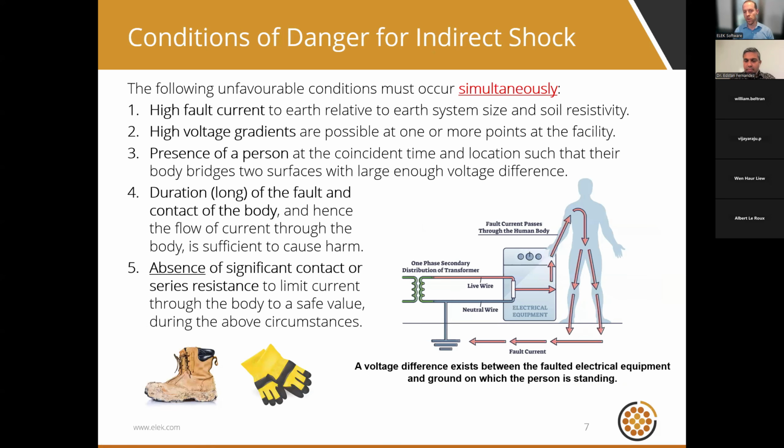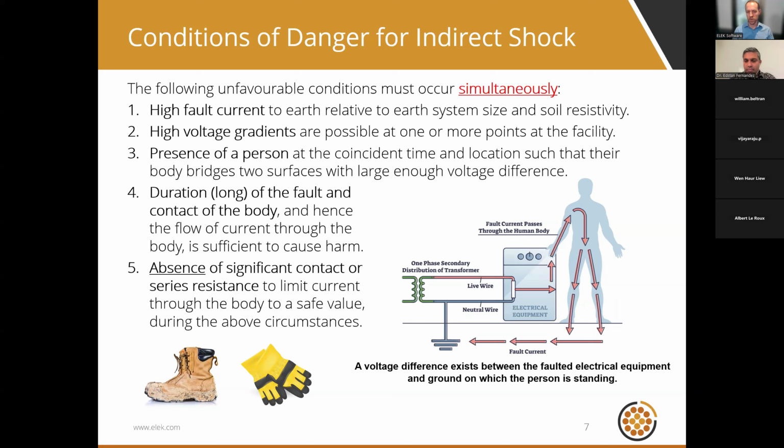Conditions of danger for indirect shock. There are several conditions, and fundamentally these need to occur simultaneously for a shock to occur, or potentially occur. You need to have high fault current at the time, and also high voltage gradient.